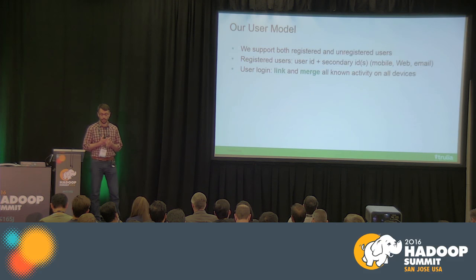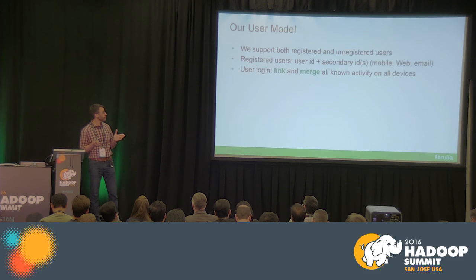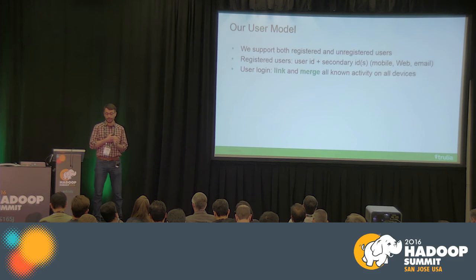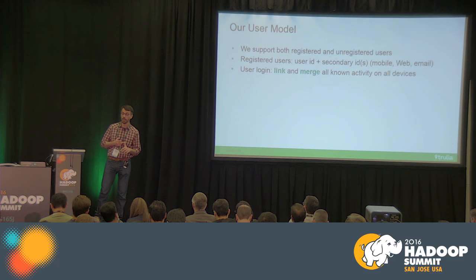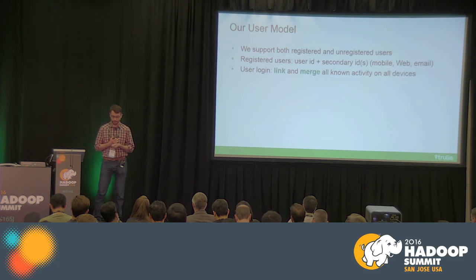Registered users have a unique user ID, but unregistered users have what we call a secondary ID. It's basically the path through which you came to our platform. And this path can be the web, mobile apps, or an email address in case you first came to our platform through opening a recommendation email.